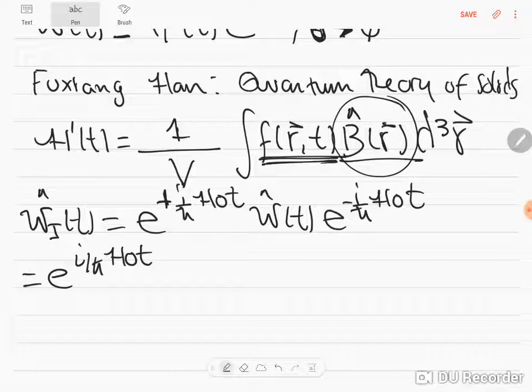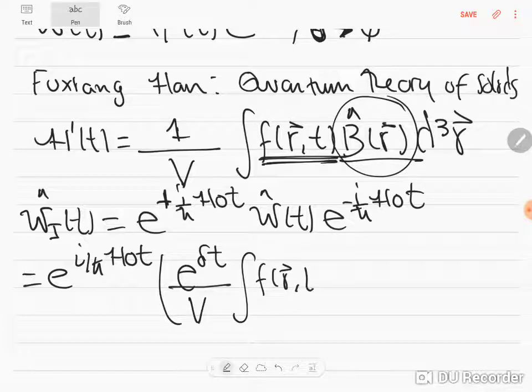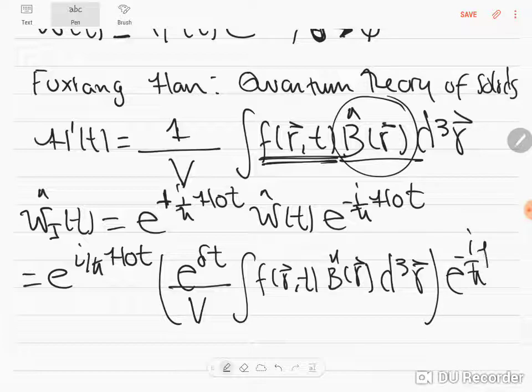Now we write this in integral form. This one here does contain this adiabatic factor divided by volume, f of r comma t, operator B of r, d3r, and all of it multiplied by e to the minus i over ħ H0 t.